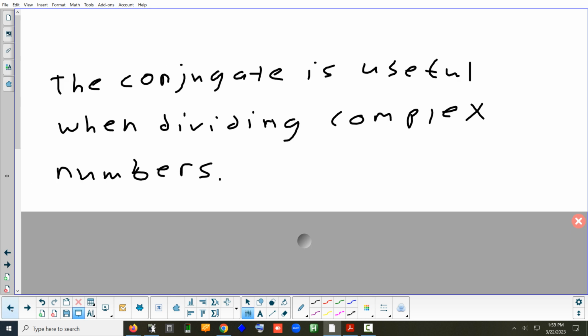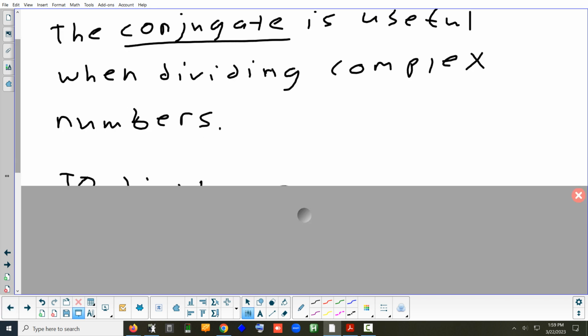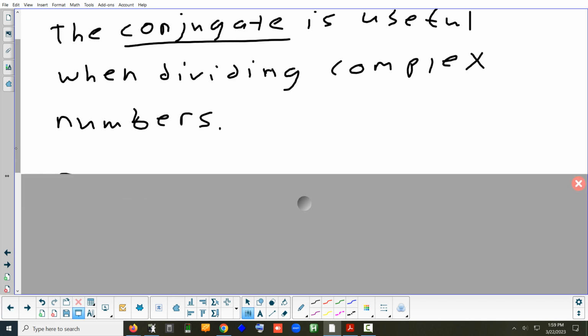Well, we just learned that if you multiply by a conjugate, all the i's will disappear. So that's what you have to use when you do division. Multiply by a conjugate, it's going to make the i go away. And that's the only thing that we use the conjugate for.